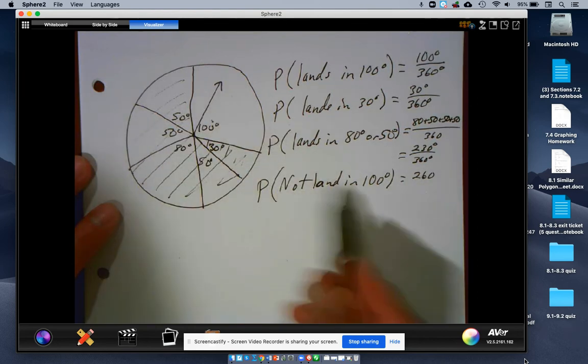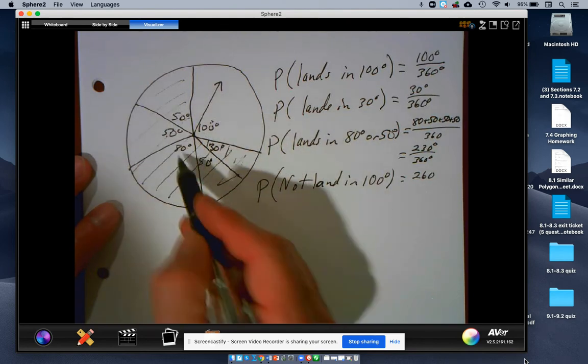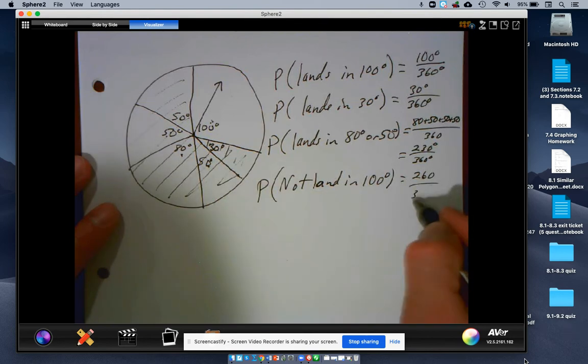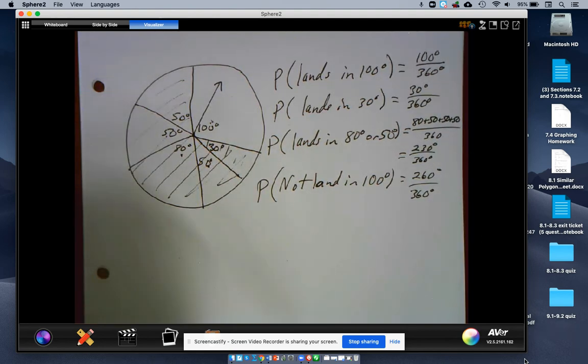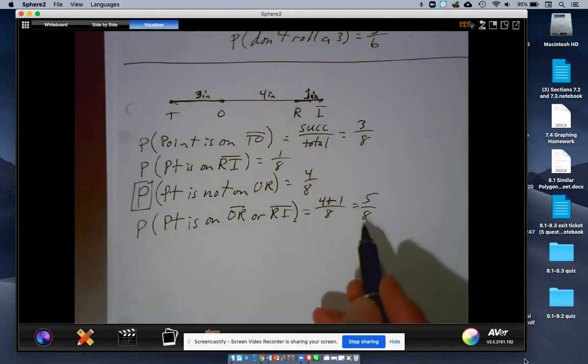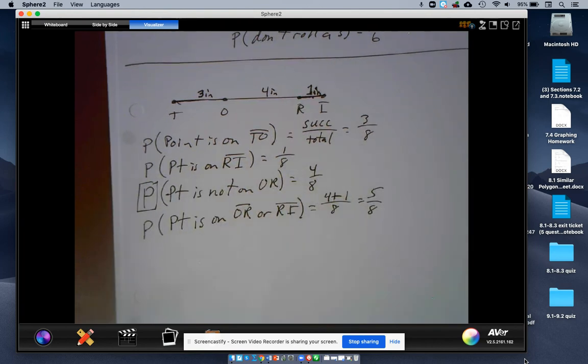Probably I don't want it to land in the 100, which means I want to land somewhere over here. 50, 50, 80, 180 plus 50, 230 plus 30, 260 out of the total 360. So when you're working with degrees, the bottom's always 360, or means plus, not would be everything else. And when you are doing a line, it is looking at the total length. So when we're working with a line, your total length is always going to be the total length of the line. The top you have to figure out from what you were looking at.